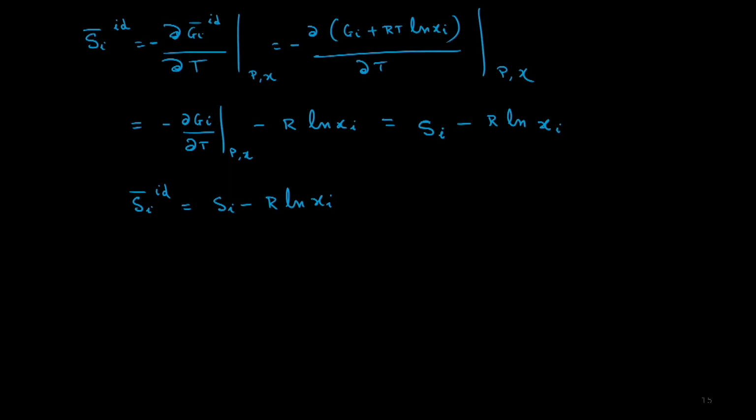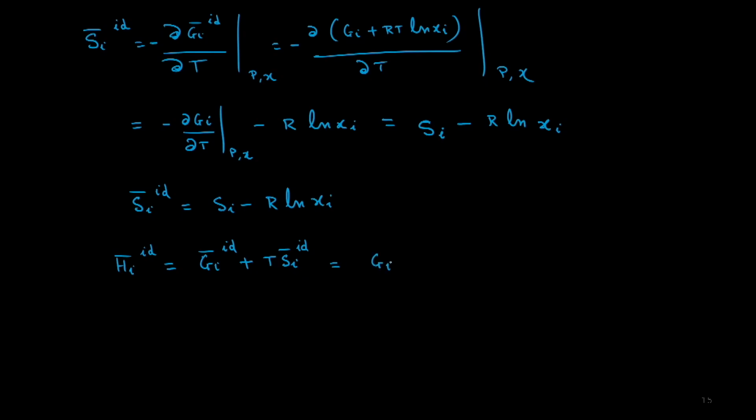And finally, we can calculate the enthalpy Hi bar id. Since G is H minus TS, H is G plus TS, or it is Gi bar plus T Si bar id.